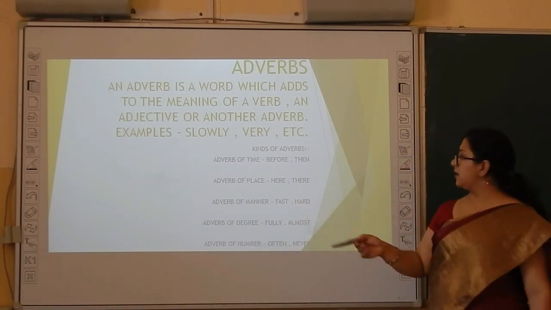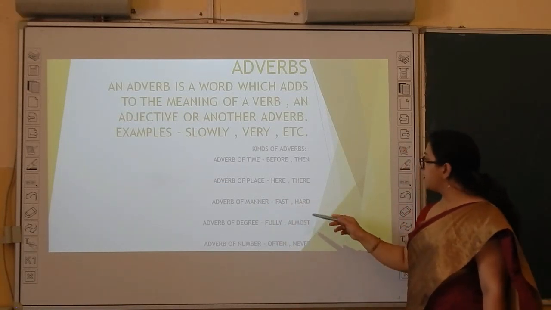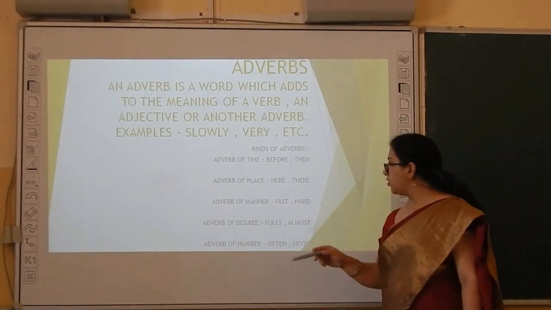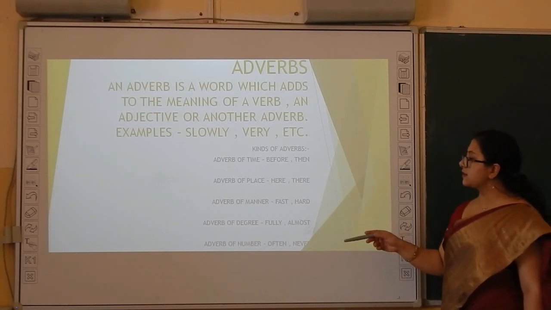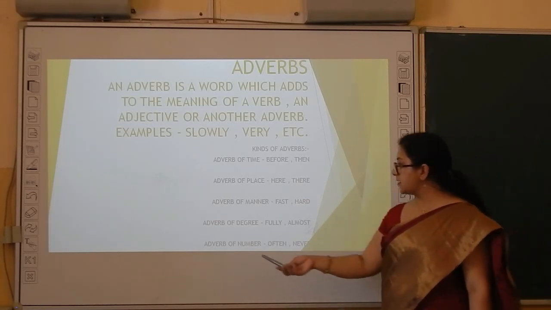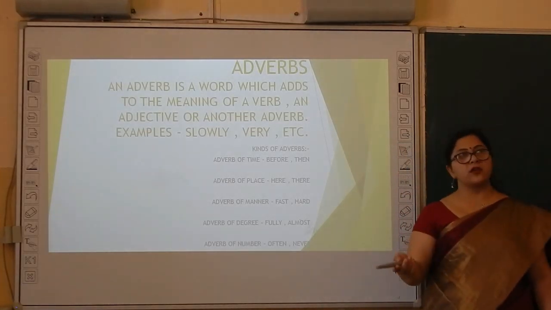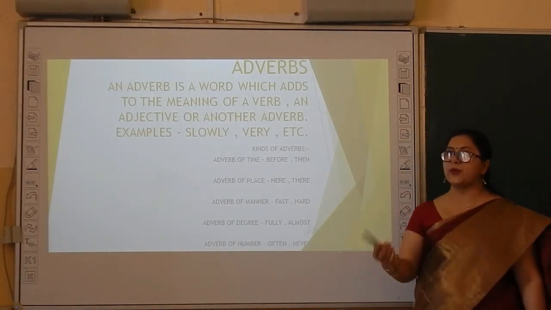Manner is quality: fast, hard, etc. The next is adverb of degree: fully, almost, etc. And the last is adverb of number, or it is also known as adverb of frequency.